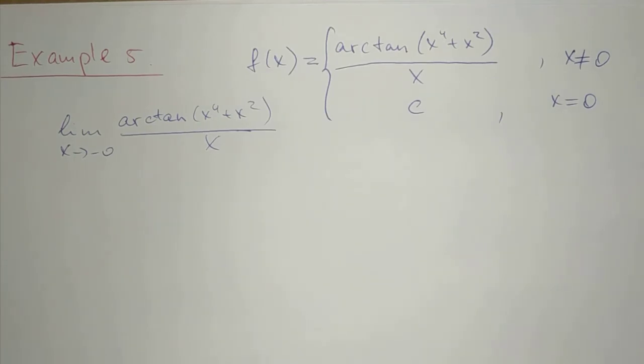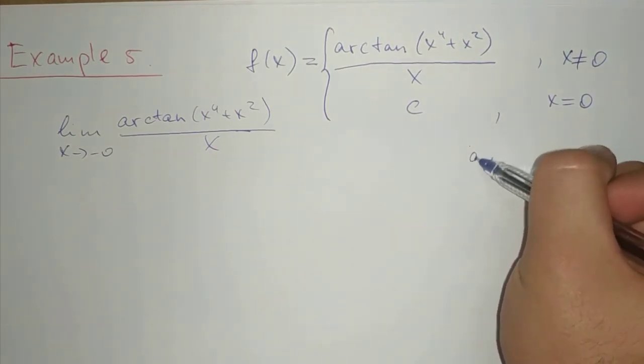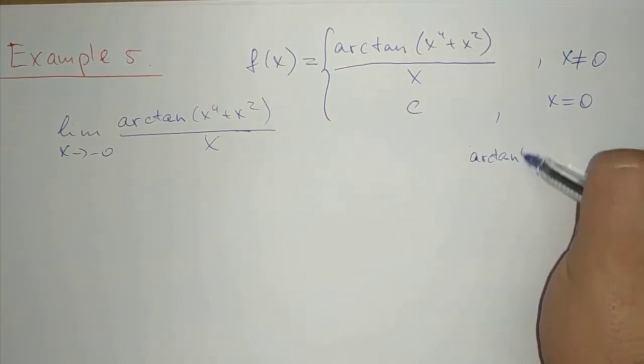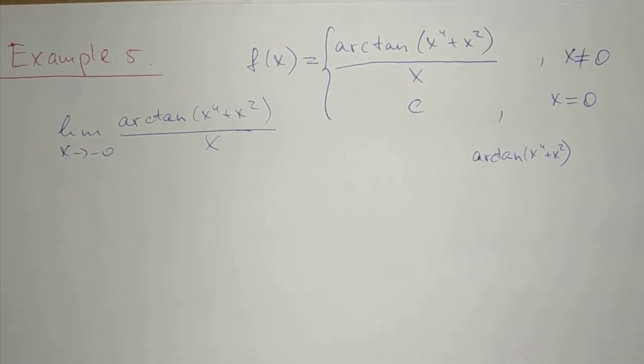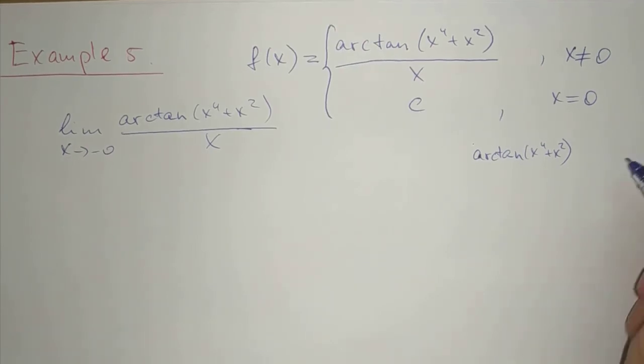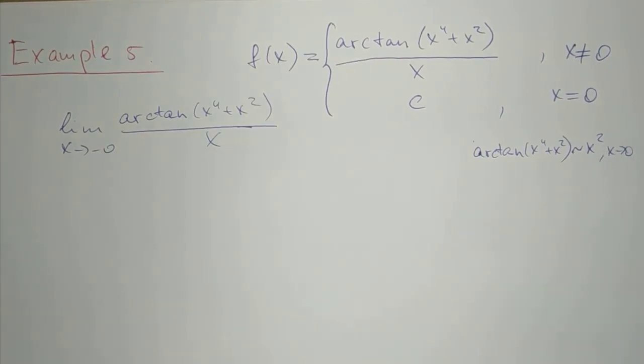So using again fundamental limits, arctangent x is equivalent with x, so arctangent of x fourth plus x squared is equivalent with x squared as x tends to 0, of course.